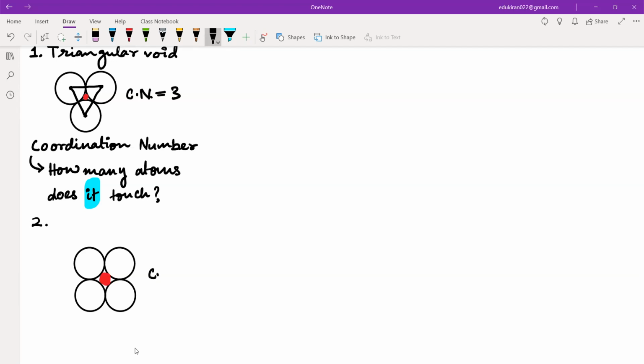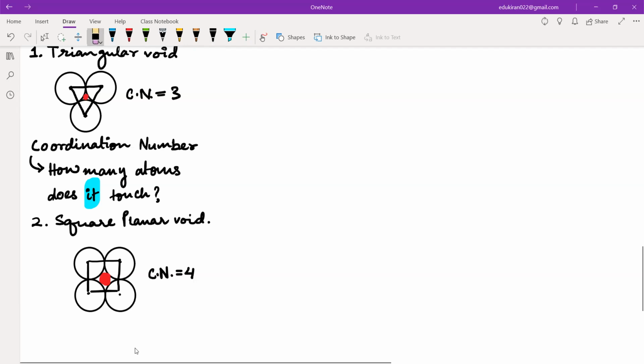Tell me. 4. Yes, the coordination number of this void is 4, and if I join the midpoints, I get a square, right? Yes or no? Yes. So this will be a square planar void. You don't have to put in much effort; you identify the void and you can also name it very clearly.